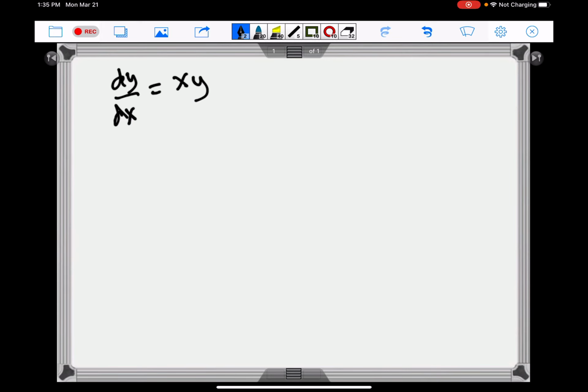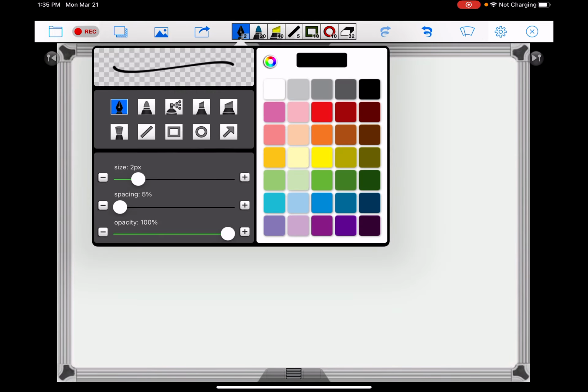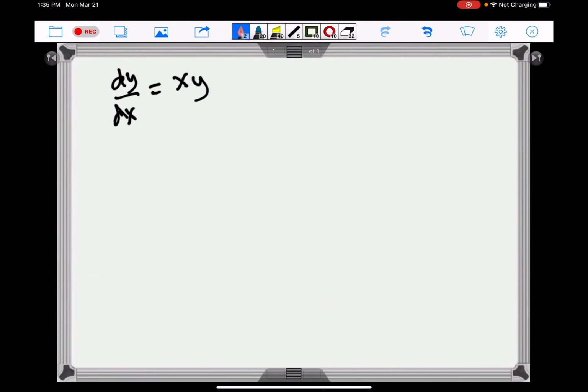First thing I need to do, separate my variables. So I'm going to divide by y and multiply by dx.